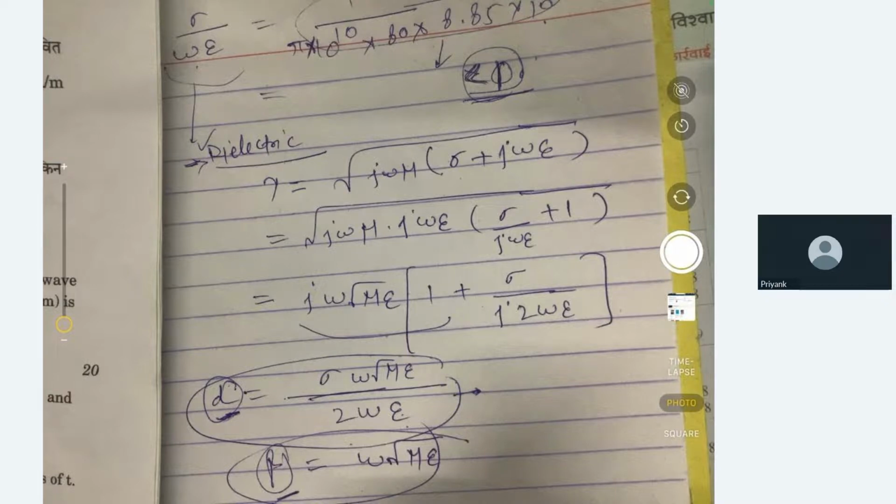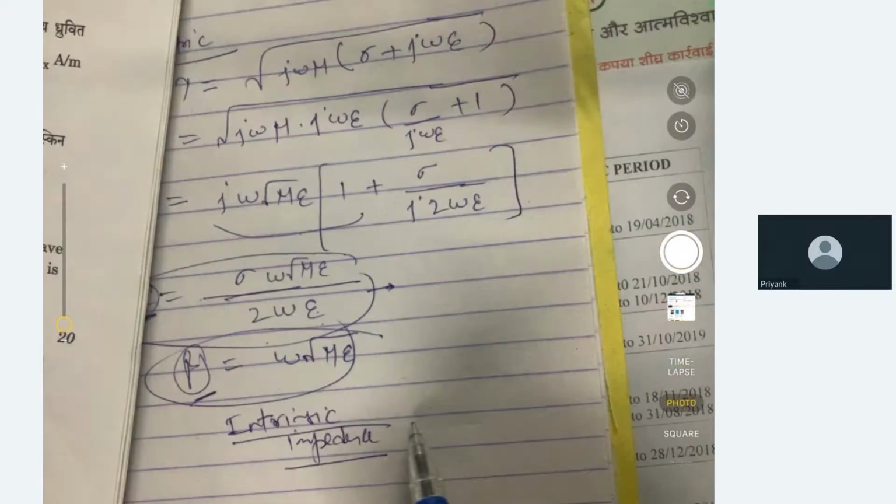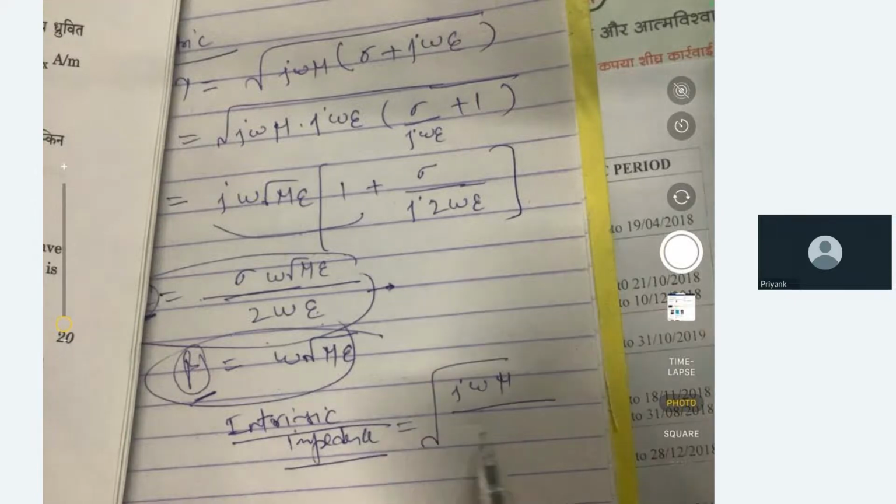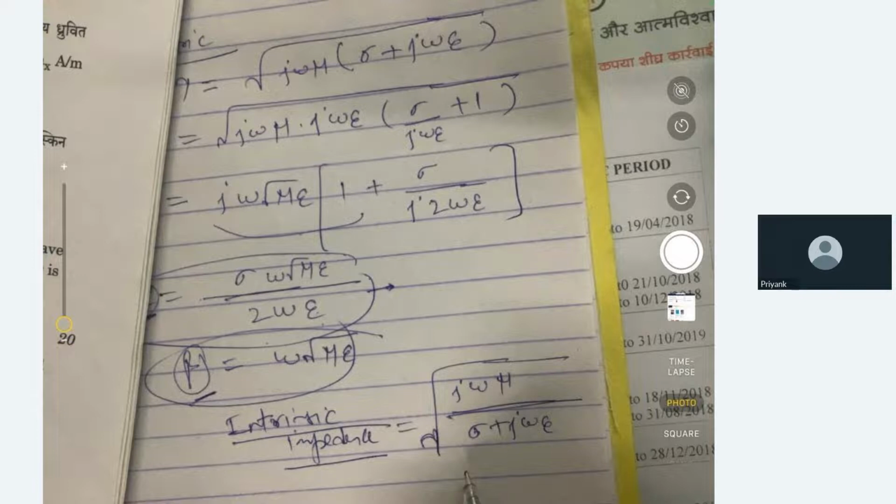The second part is asking for the intrinsic impedance. For dielectric, the intrinsic impedance will be equal to the square root of j omega mu upon sigma plus j omega epsilon, and then we are required to make the approximation. Otherwise, this problem in itself will become very difficult. So I took j omega epsilon out, 1 plus sigma upon j omega epsilon.